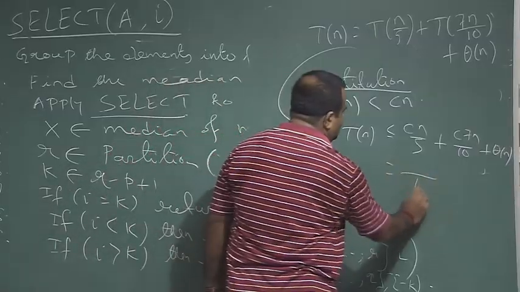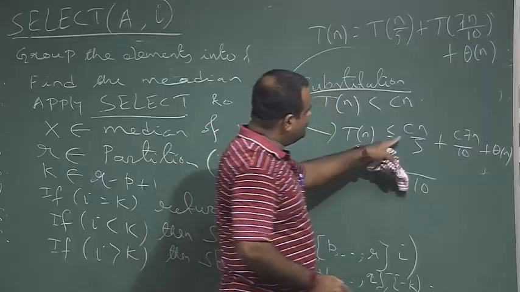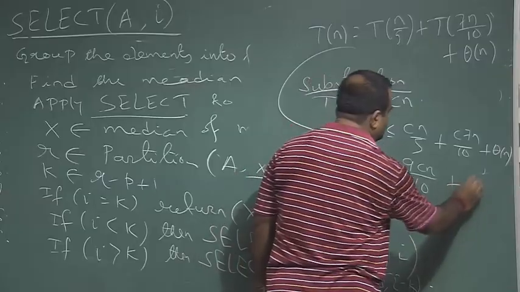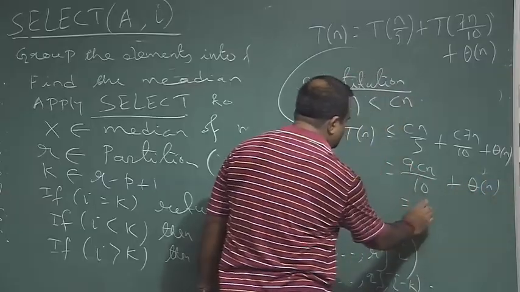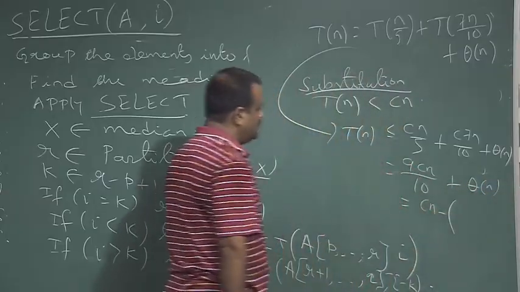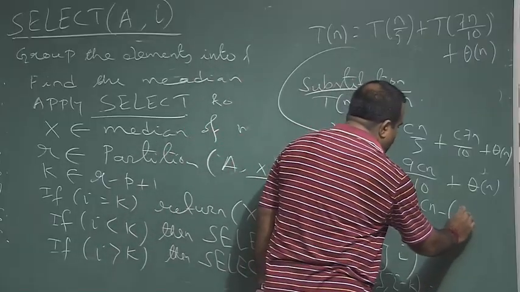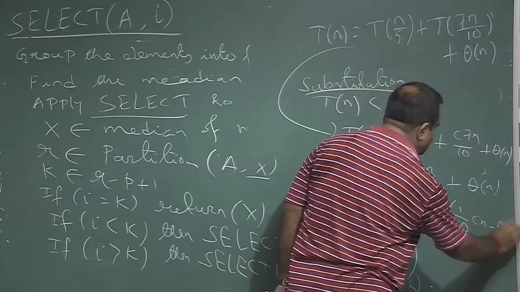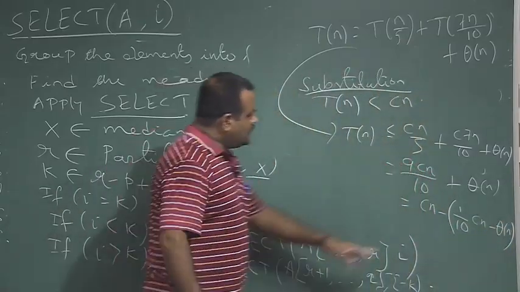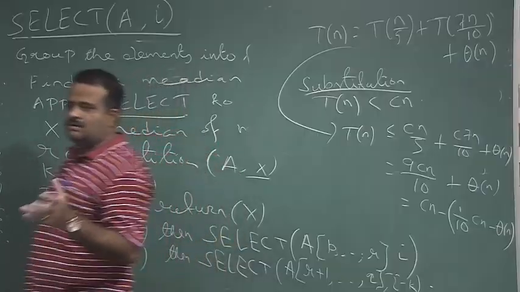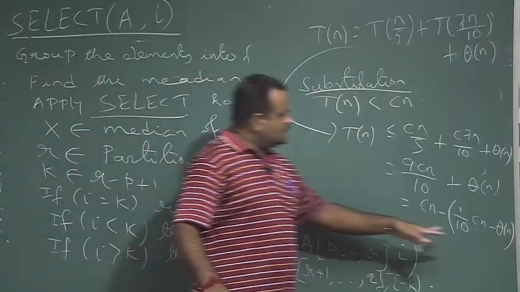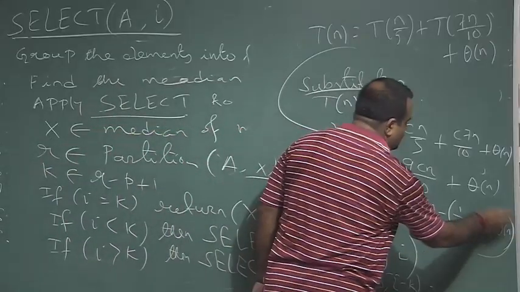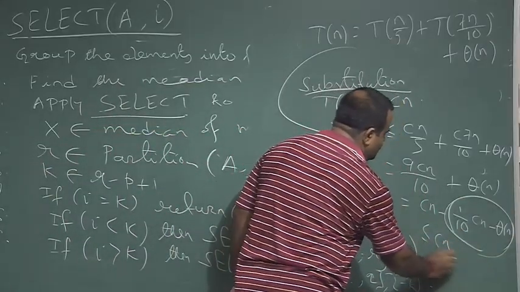So, this is basically 9 by 10 C n plus theta of n. So, this is C n minus 1 by 10 C n minus theta n. Yeah. So, C is a constant which is in our hand, so we can choose C big enough such that this will be positive. If this is positive, then this is less than C n. So, done.